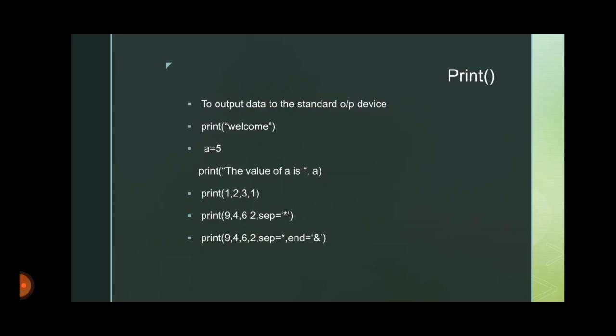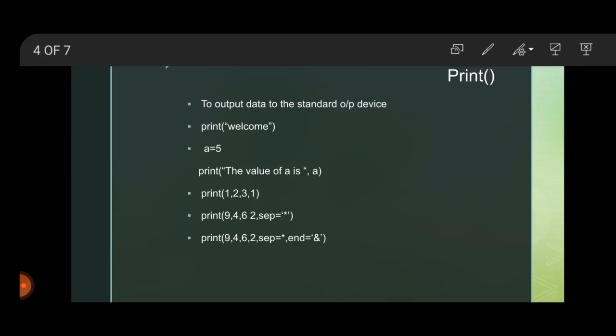We can specify it using single quotes also. On the next line I am specifying a is equal to 5. The variable or identifier a is assigned an integer value 5, and I am printing the same with a modification: the text "the value of a is" within the double quotes, and at the end the name of the variable outside the quotes. So "the value of a is 5" will get printed.